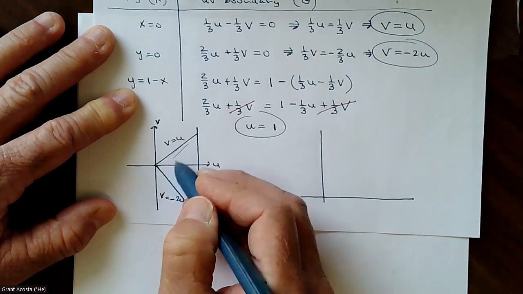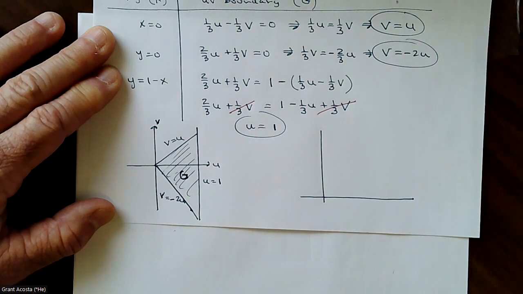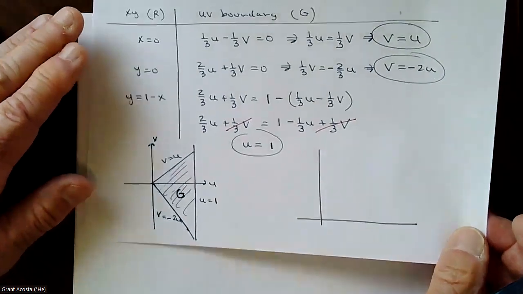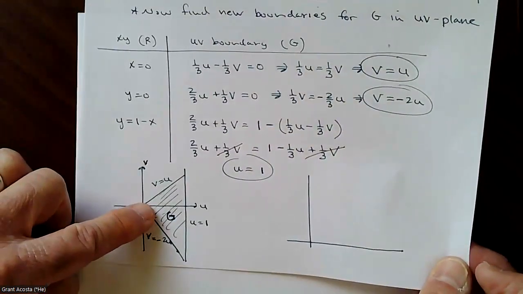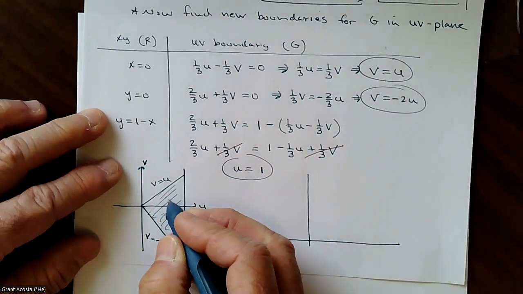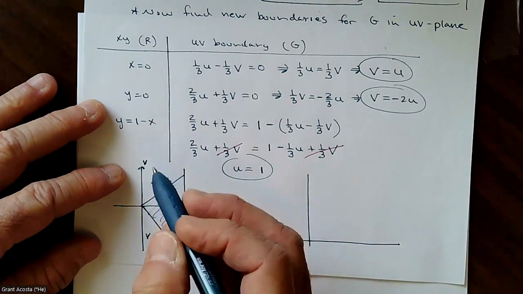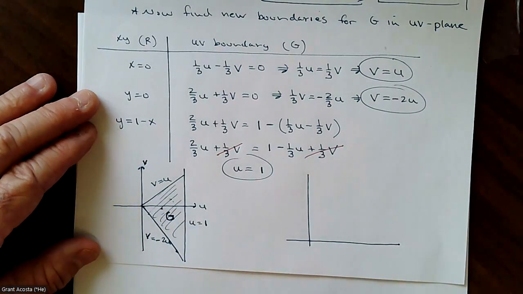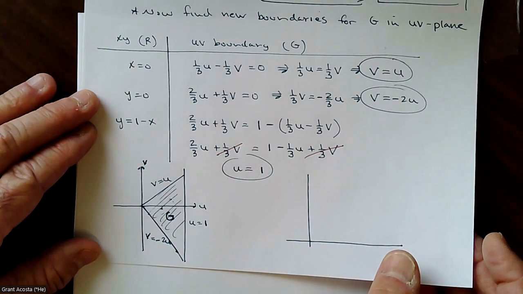And this region here is our new region G. So remember the analogy, we're transforming this original region from our original integral, converts to this, but as we saw with the Jacobian, there could be some contraction or expansion of each point in R as it moves to G. We need to find out what the Jacobian is, because that's going to measure how much we need to expand or contract each point in R. So let's find the Jacobian next.